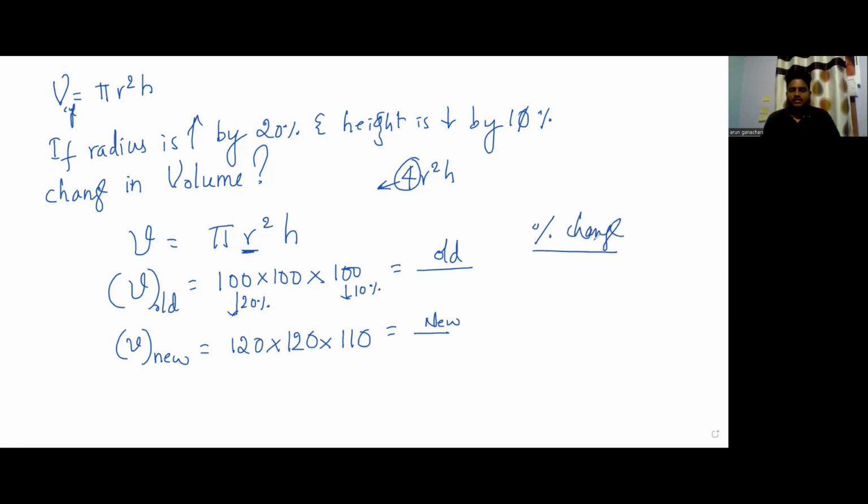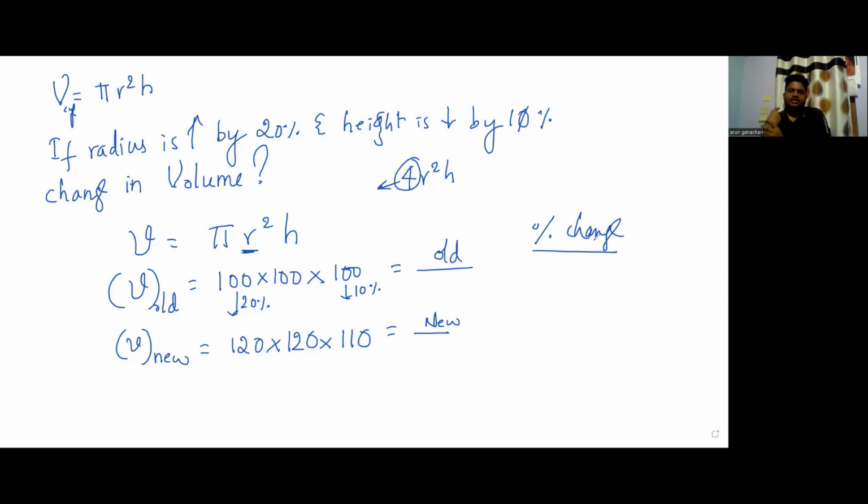Sir, why was r square written as 120? The question says a 20% increase in radius. And the pi? Pi will not change because it is a constant. We are looking for only the change here, so we'll leave the pi.